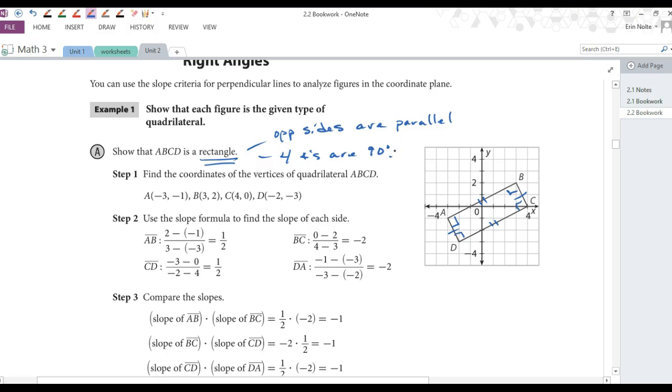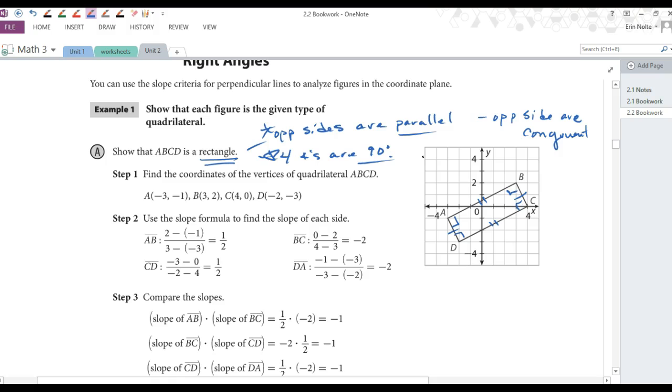I also did say that opposite sides are congruent as well. But these are the pieces that we're looking at, particularly the parallel sides and the right angles, the slopes.